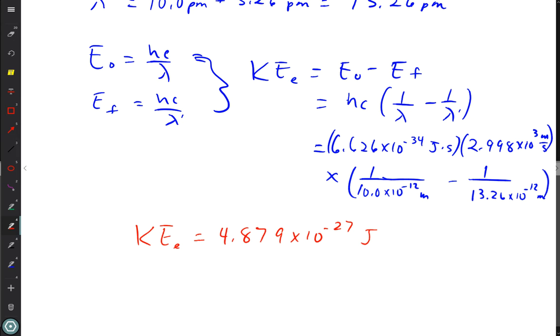Now, somehow that doesn't seem right, because it should be somewhere in the ballpark of, yeah, it should be a bigger number, I think. I got 4.88 times 10 to the negative 15. Is that what you got as well? I got the same number times 10 to the negative 20. Well, everybody agrees it's 4.879.